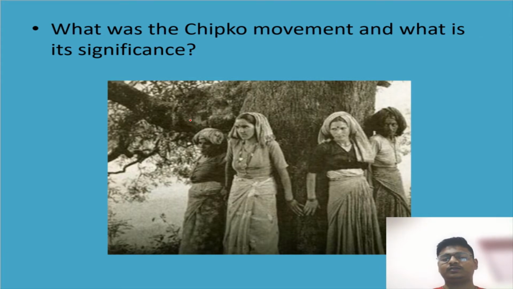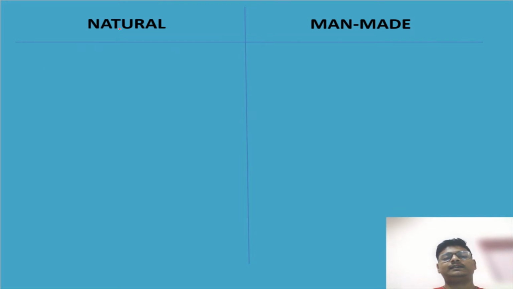Okay, so now there is an activity for you all. You have to tell the natural causes of this deforestation, and you have to tell a few man-made causes. Just now I told you the different natural causes and the different man-made causes. Okay students, so in man-made causes what will come?